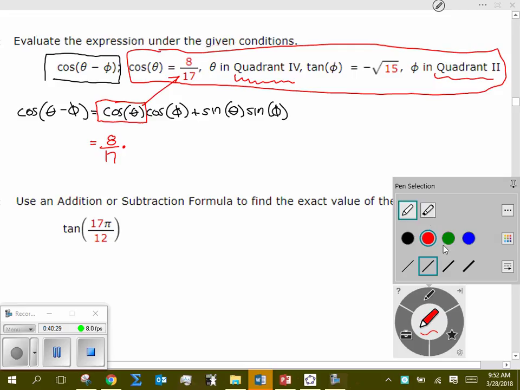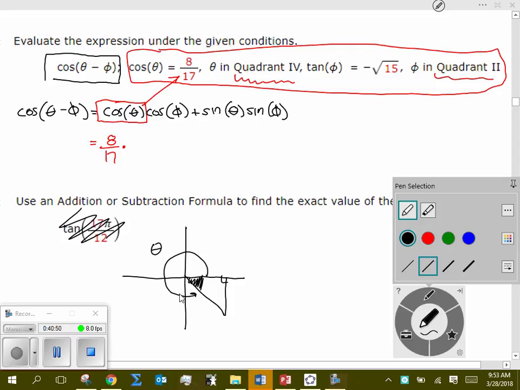Okay. We're going to draw a picture here. If you know theta's in quadrant 4, doesn't that mean theta kind of looks like that angle there maybe? And does that create a right triangle there? So if that's theta, we know that if we can learn anything about that angle right there, it's the same as for theta, right? Remember doing this type of question? If I know the cosine of theta is 8/17, cosine is adjacent over hypotenuse, right?